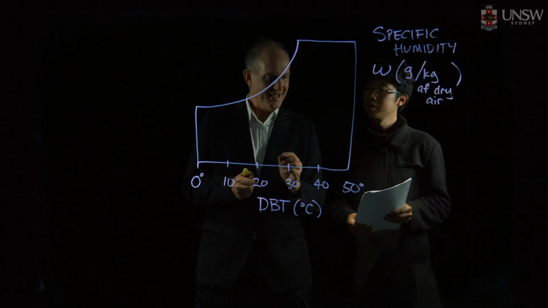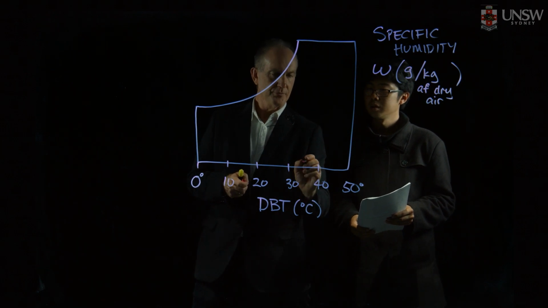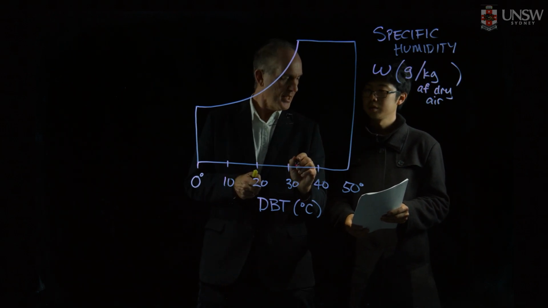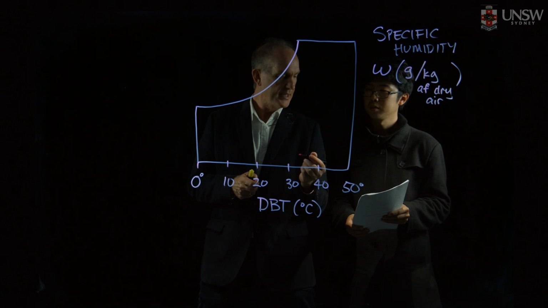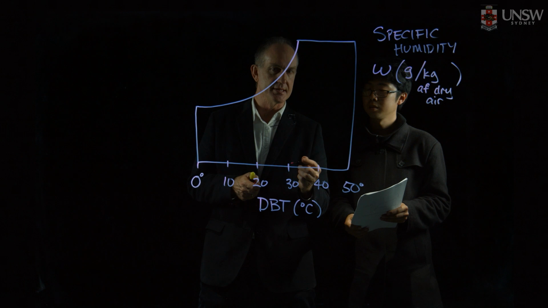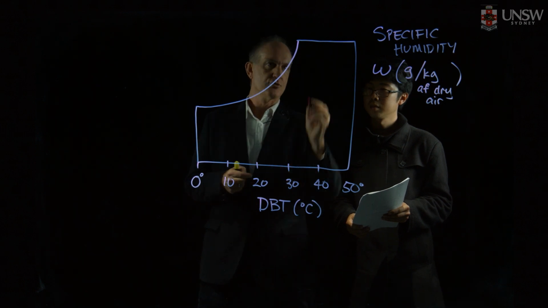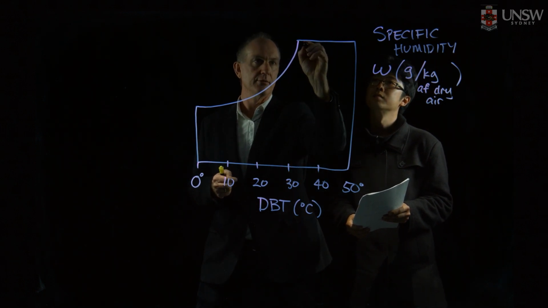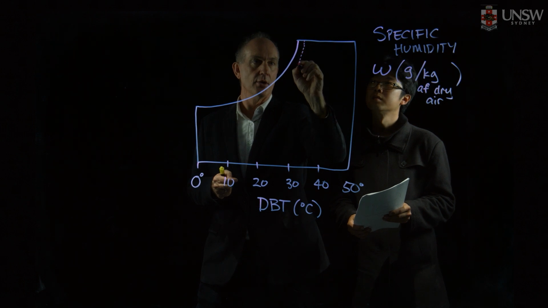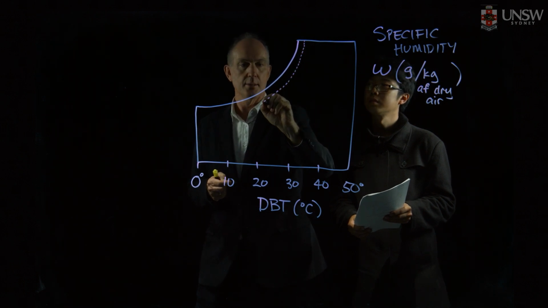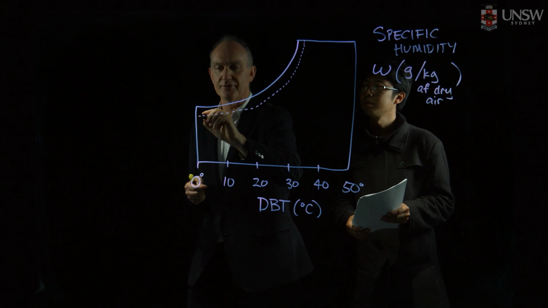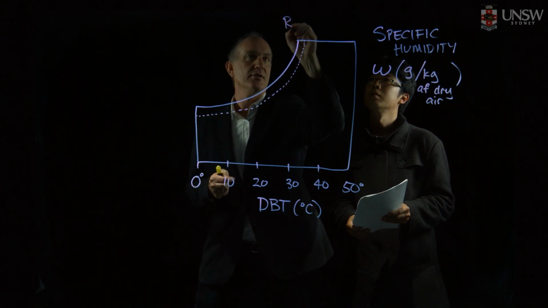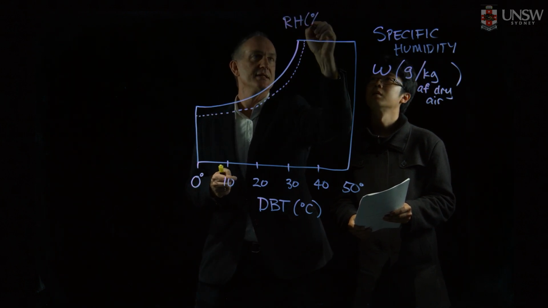Now, our starting conditions were 35 degrees and 20% relative humidity, and we want to look at what happens at 90% relative humidity. So let's draw 90% relative humidity. I'm drawing in the dashed line here very roughly. This is relative humidity as a percentage.